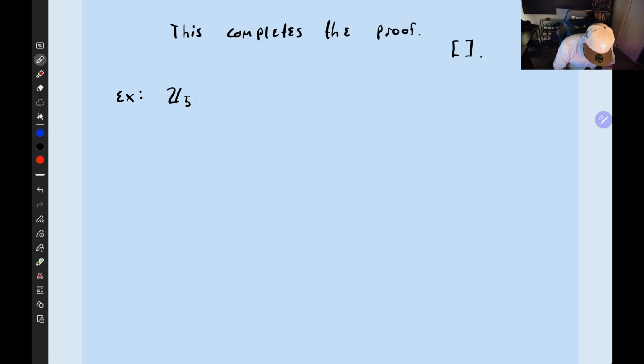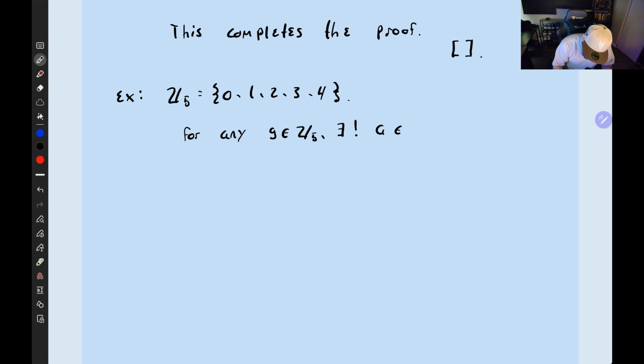So the integers mod 5 consists of the elements 0, 1, 2, 3, and 4. This is a group of odd order, so this one has order 5. And the theorem claims that every element in this group has a unique square root, right? So the theorem says for any G in the integers mod 5, there exists a unique A in this group such that A squared is equal to G. So kind of like we did in the proof, let's define what this A looks like.